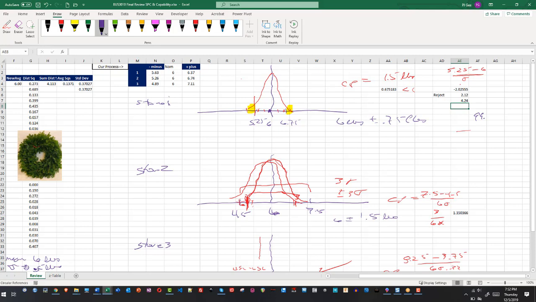We end up with about 99 point what? It should be 95.74. 95.74. Okay, although I had written 99.74, it's 95.74.